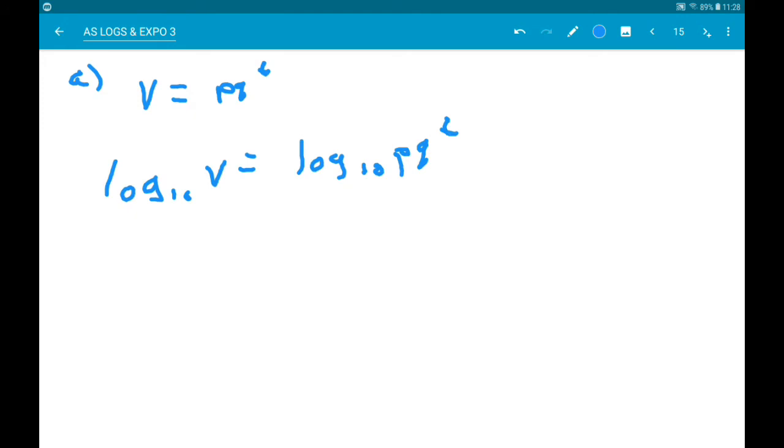By the rules of logs, we can split the right hand side in two. Log 10 P add log 10 Q to the power T, and then by the rules of logs, that's T log Q.